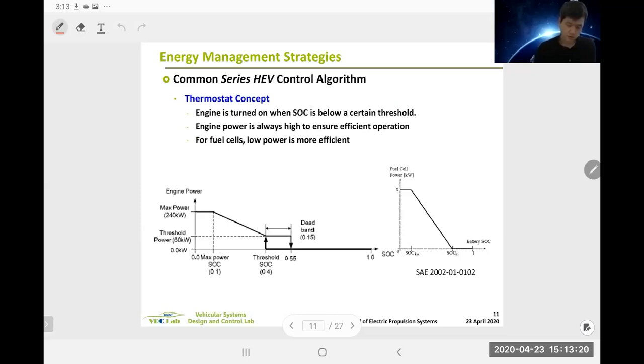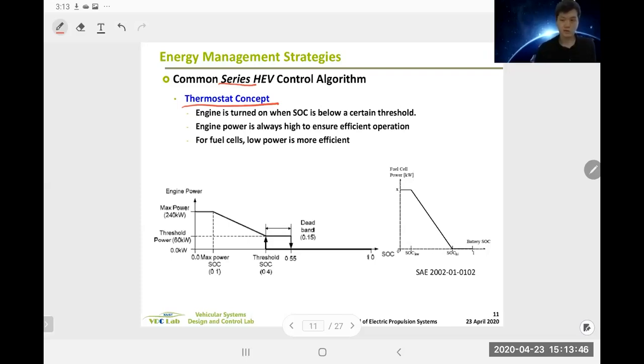And one of the easiest and simplest approaches for series hybrid is the thermostat concept. I mean, it's almost useless, but still can do. Because we can operate the engine at any speed, right?